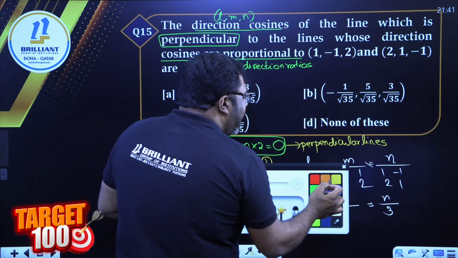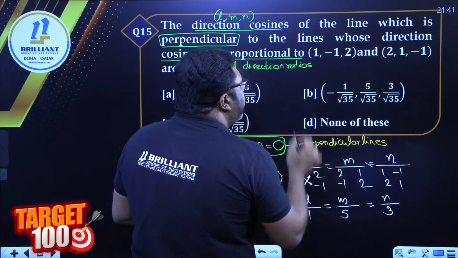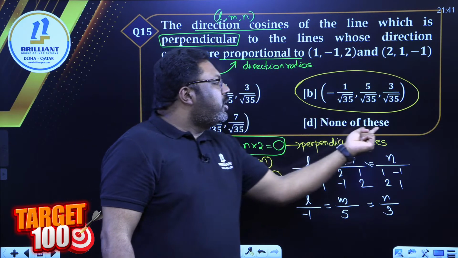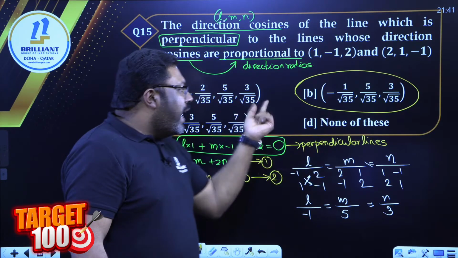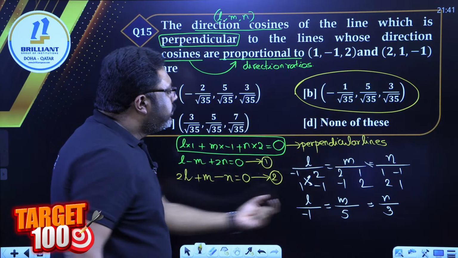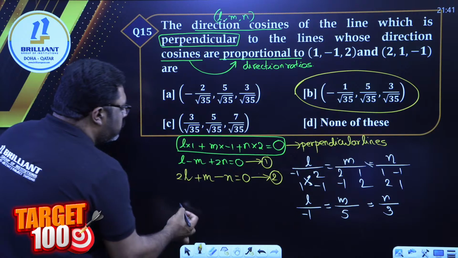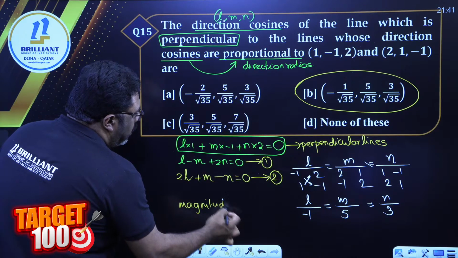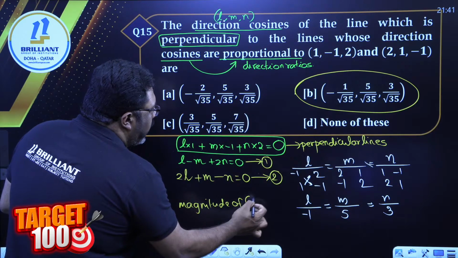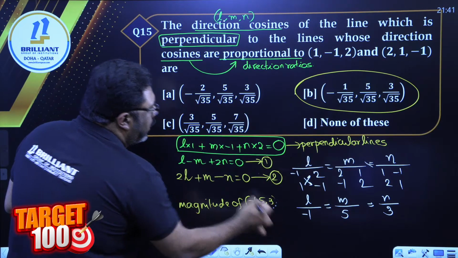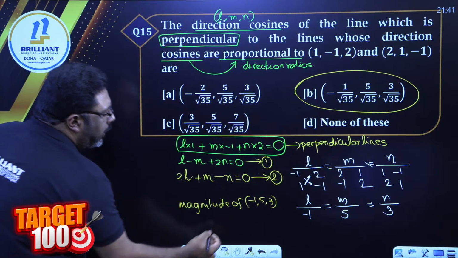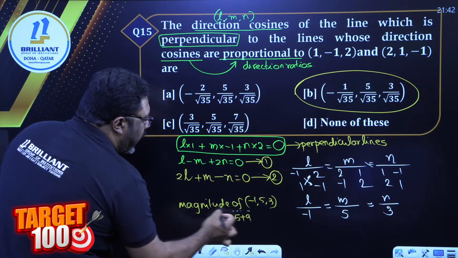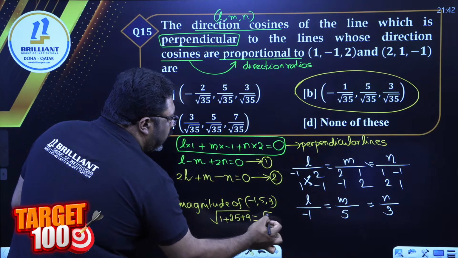But they are again trying to create a problem for us. The answer is option B. They're giving the option none of these also. So I am trying to find out the magnitude of -1, 5, 3. 1 plus 25 plus 9, it's root 35.